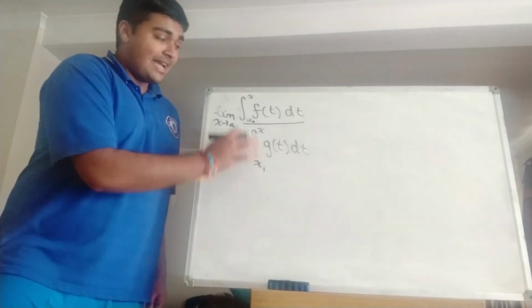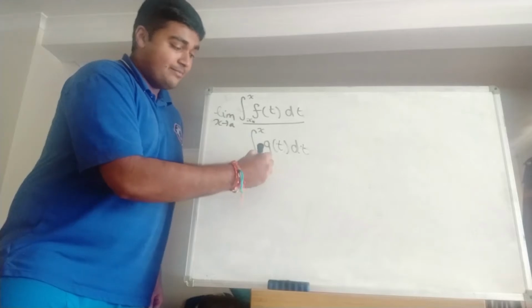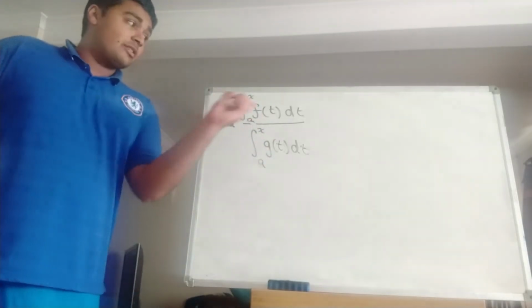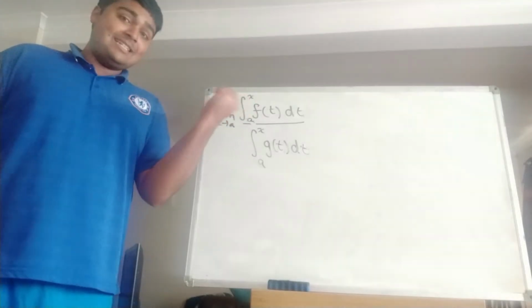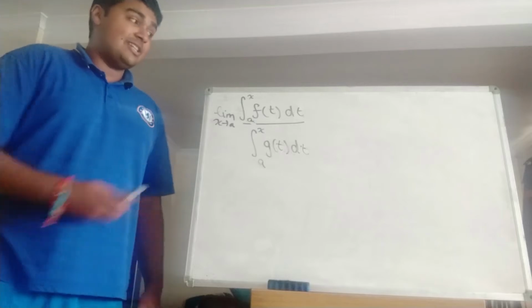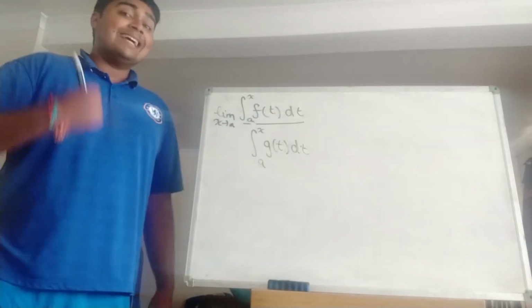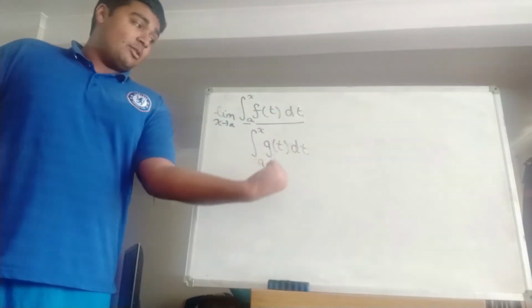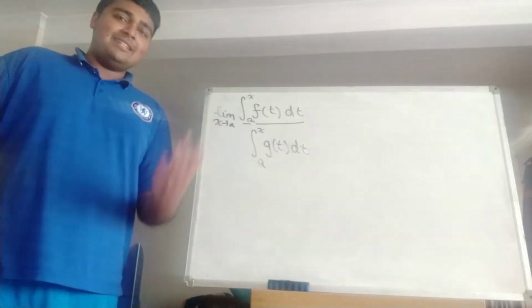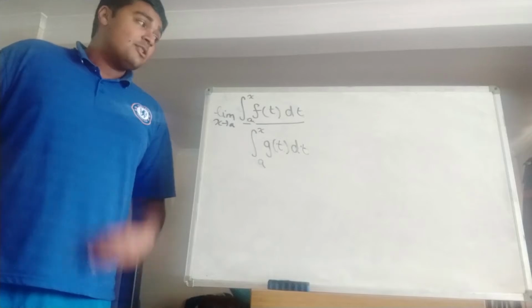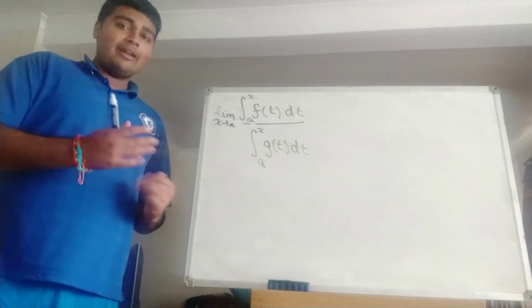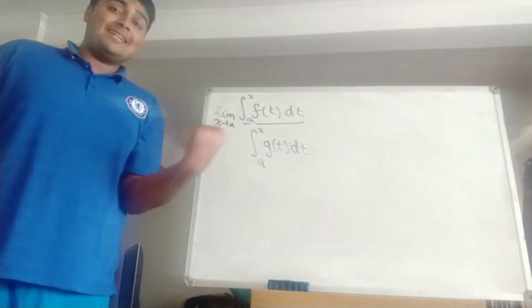If we set x1 and x0 both equal to a, what we notice is that on the top, if we plug in x equals a, we've got the integral from a to a of a function, and no matter what that function is, this is always going to be 0. Similarly, on the denominator, when we plug in x equals a, we get the integral from a to a of g of t dt, but that of course is 0 as well. So we have a 0 over 0 situation as x approaches a, so in fact we can apply L'Hopital's rule and note that this limit exists.